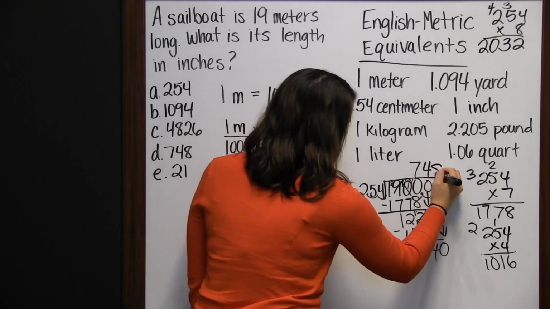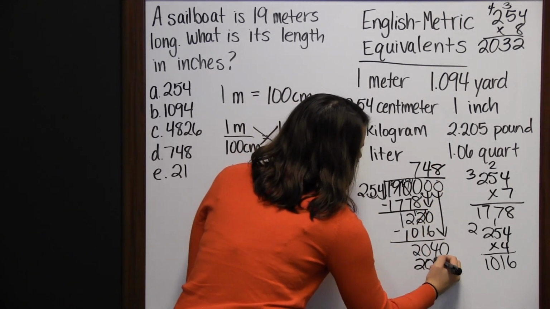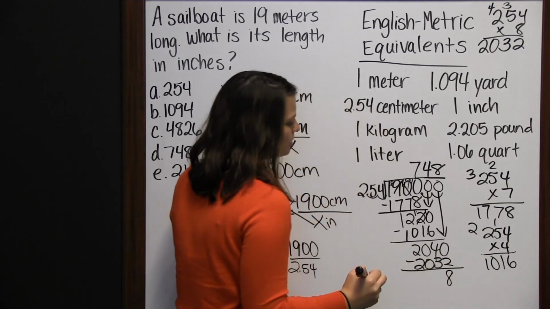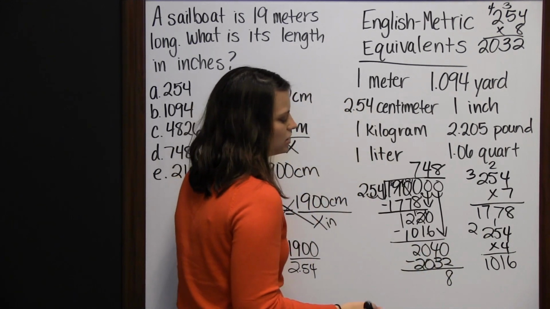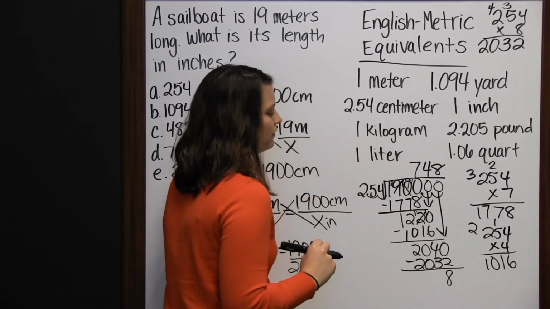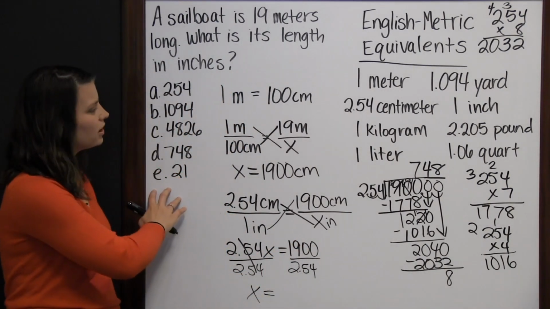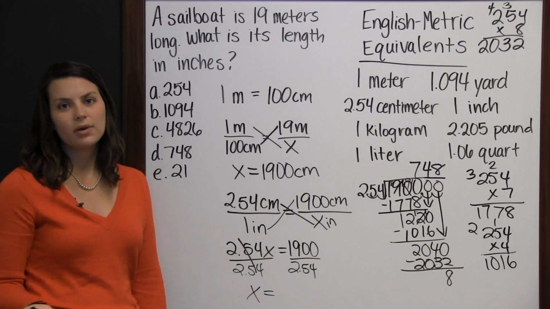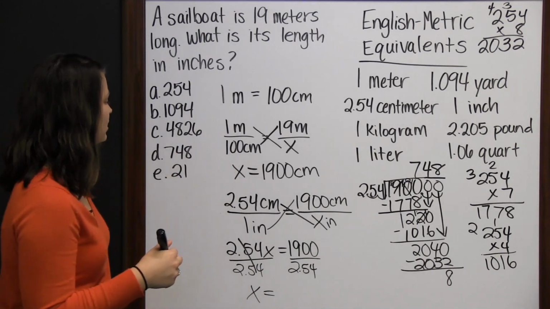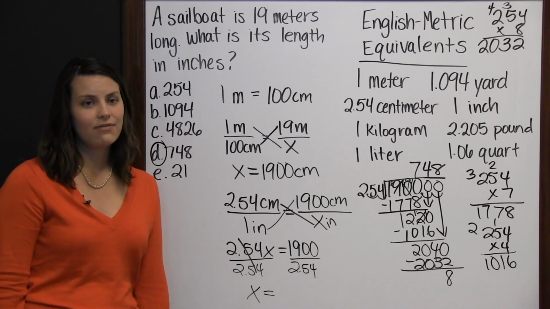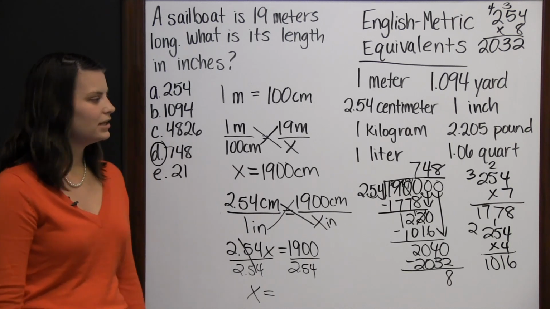So 8 times is correct, and it's 2,032. We subtract and we get 8. And that would be our remainder. It'd be 8 out of 254, or we could keep going to find our decimal. But if we look at our answers, we don't need to keep going because none of our answers have a decimal as part of it. So our answer is D, 748 inches.